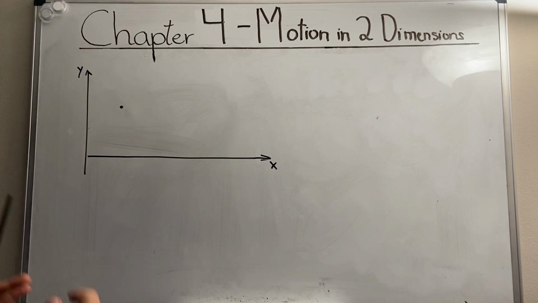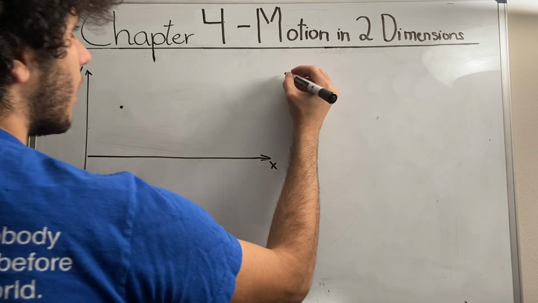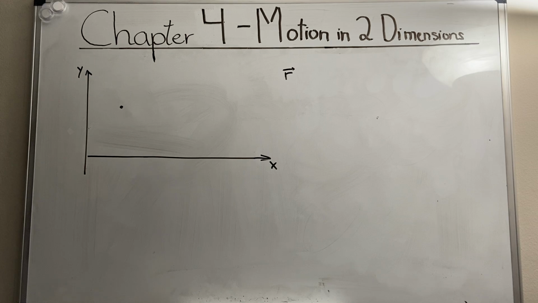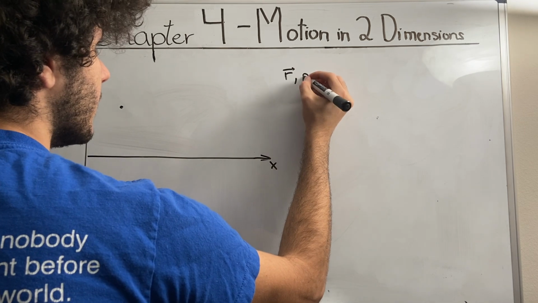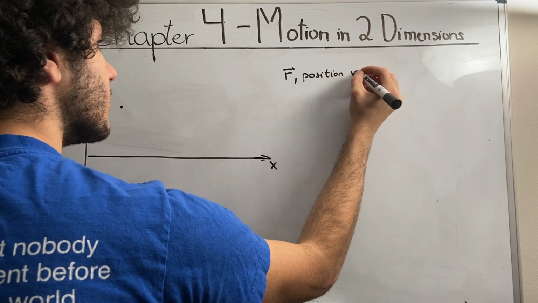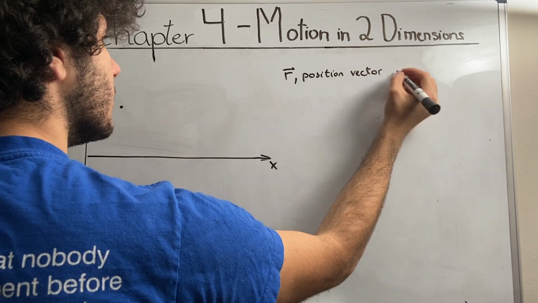And in this attempt to pinpoint the position of a particle in two dimensions, we're going to use the vector r, which is the position vector in two dimensions.